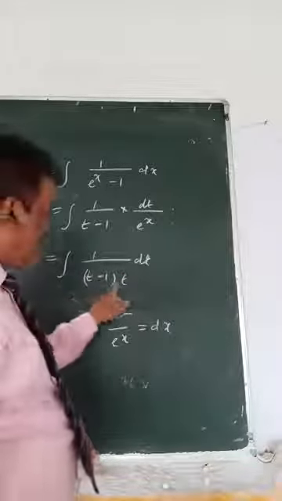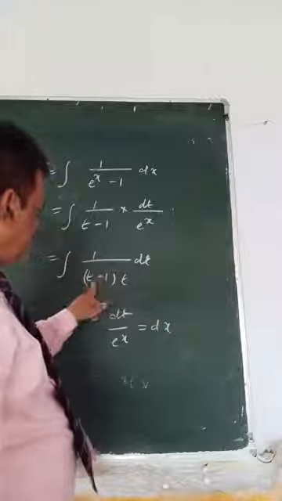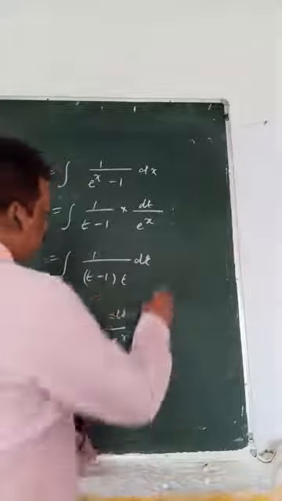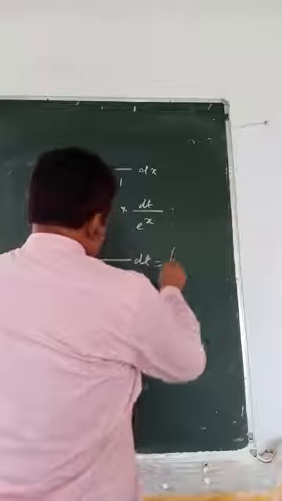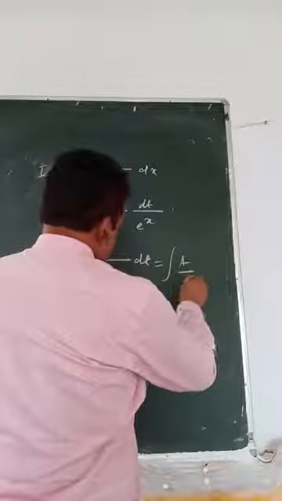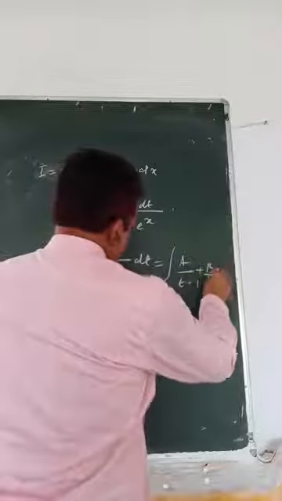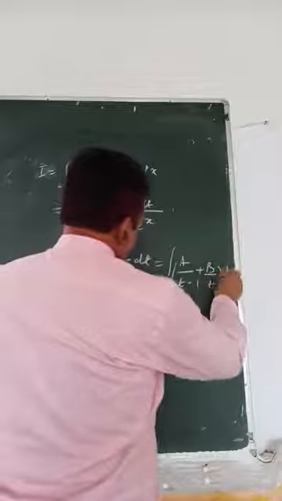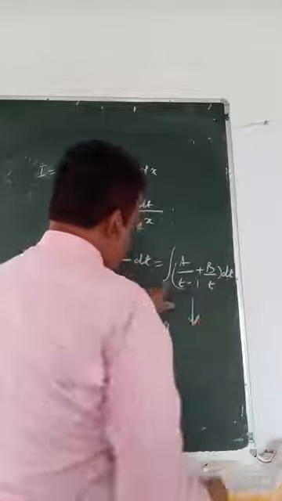Okay, linear function, degree is 1, not repeating, so it is a by t minus 1 plus b by t dt. As I have done so many questions, you can try and solve it.